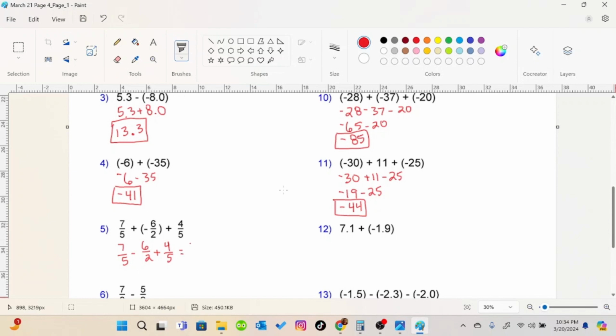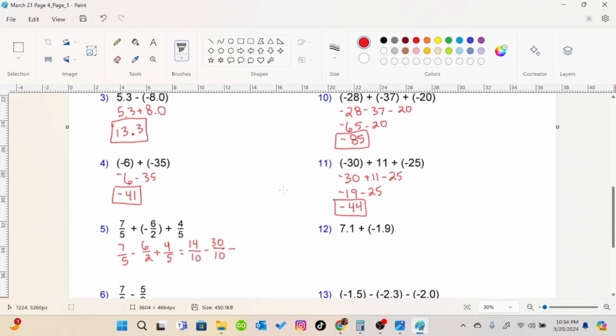So 7/5 becomes 14 tenths by multiplying top and bottom by 2. Negative 6 halves becomes negative 30 over 10 by multiplying top and bottom by 5.